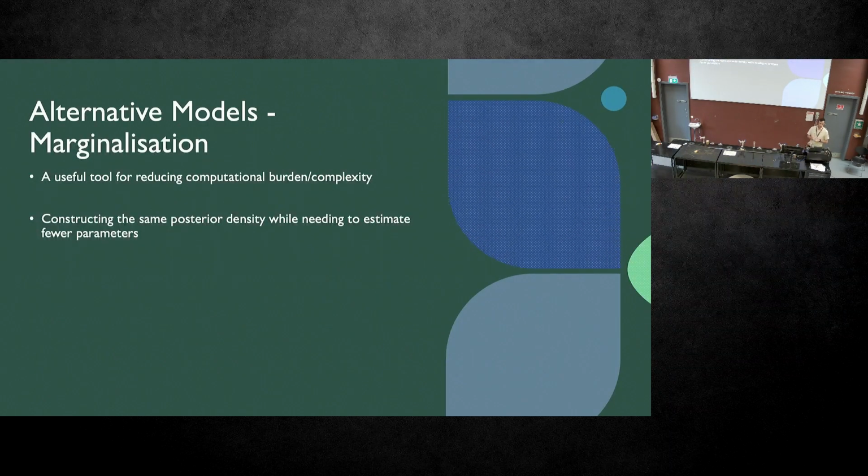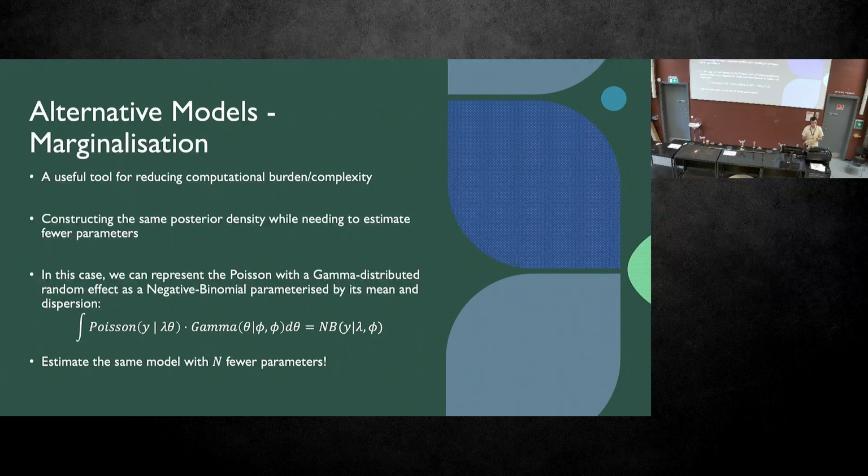So an approach you can then take is having a look at something called marginalization. This is a way to construct the same posterior density, or the same distribution, without always needing to estimate the same number of parameters. In this case, we have our fantastic accuracy using a gamma distribution for each person.